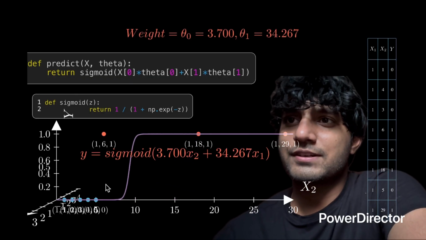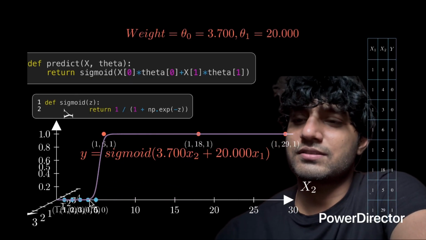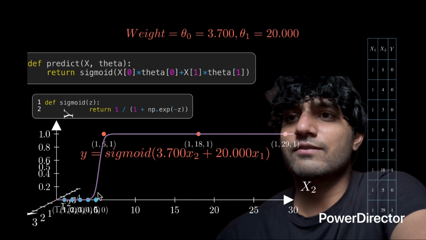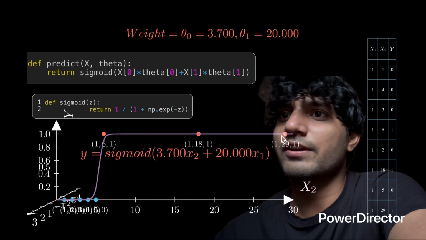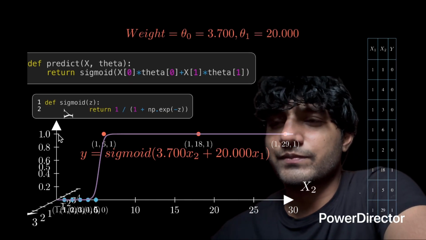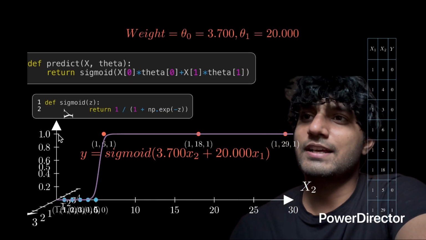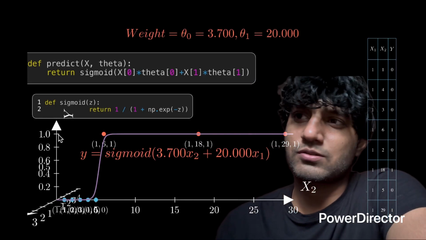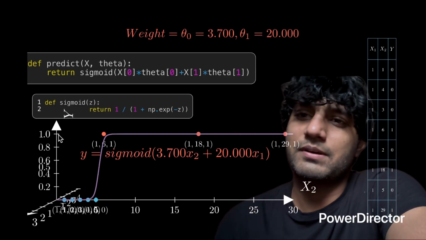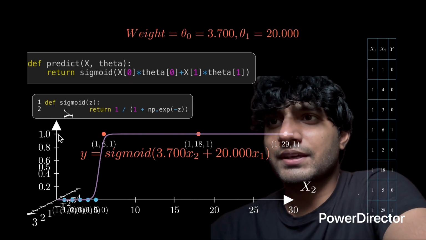And this curve quite fits the data, right? All the zero class and the one class. If I have to predict for something like 1 comma 29, it will probably predict 1. So it quite fits the data. This theta we have to optimize, and for that we use gradient descent, basically a slope method, kind of maximum and minima, to solve for our theta.